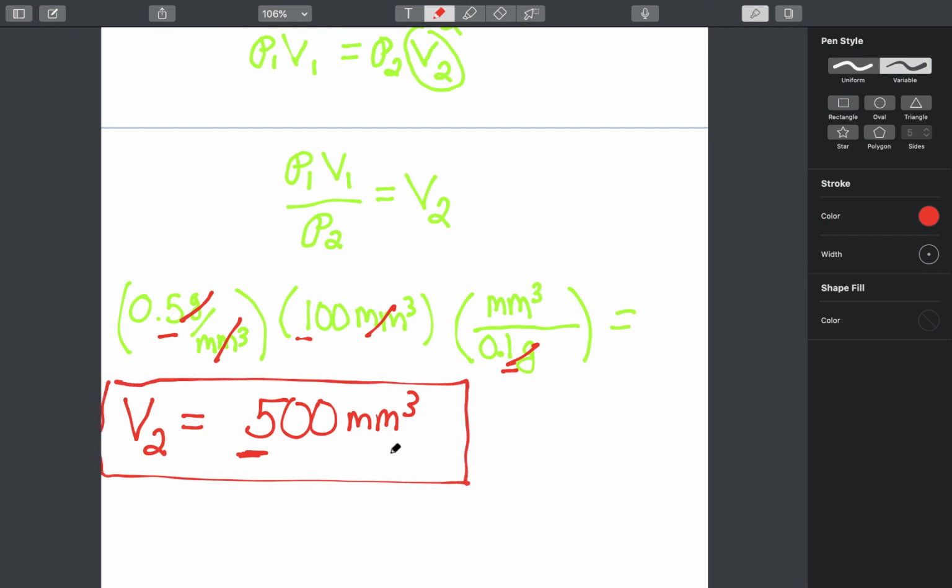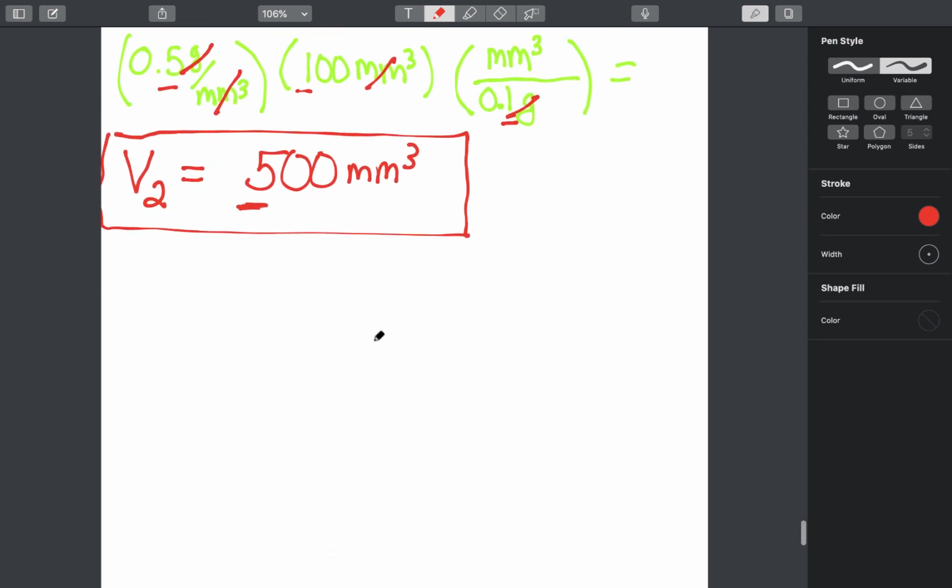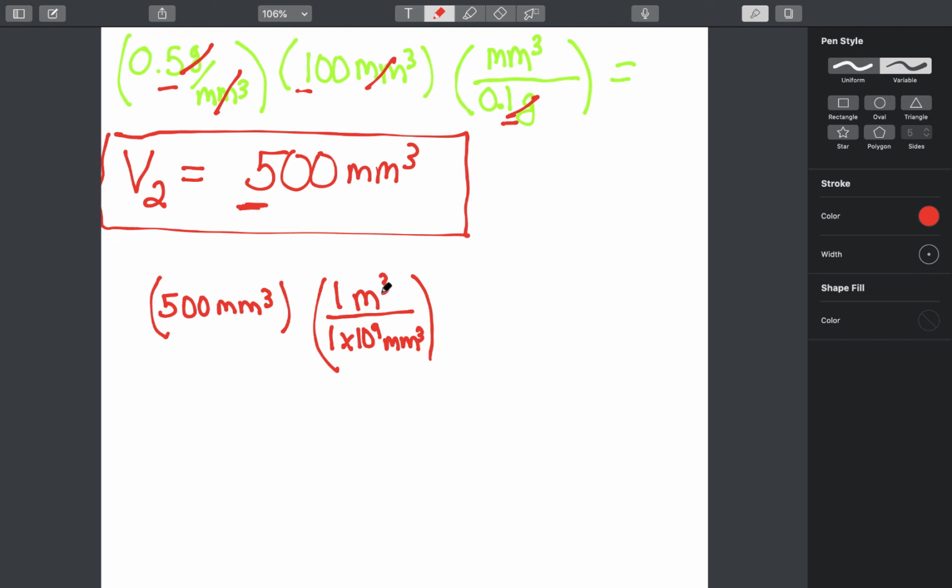Now, what we can do is now figure out how fast the gas will take to expand into this second volume. But we first got to convert this millimeters cubed into cubic meters. So 500 millimeters cubed, and we have to multiply it by our conversion factor, which is 1 times 10 to the 9th cubic millimeters per 1 meter cubed.